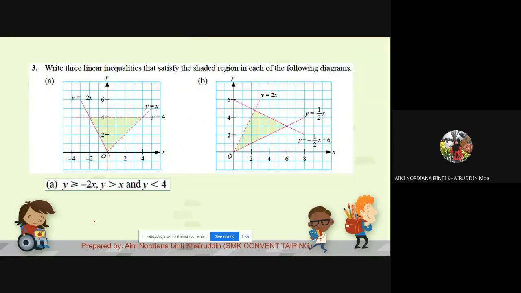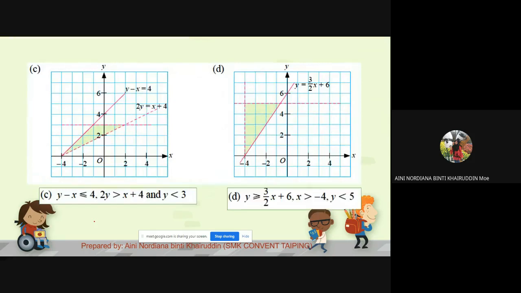So this is the answer for A and B. C and D.